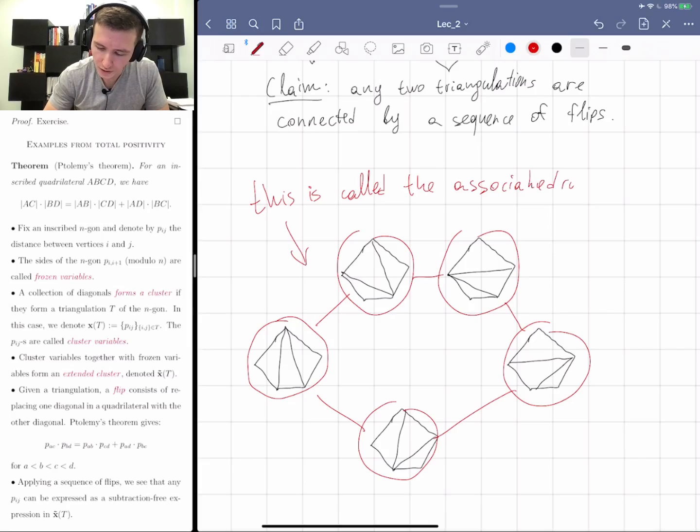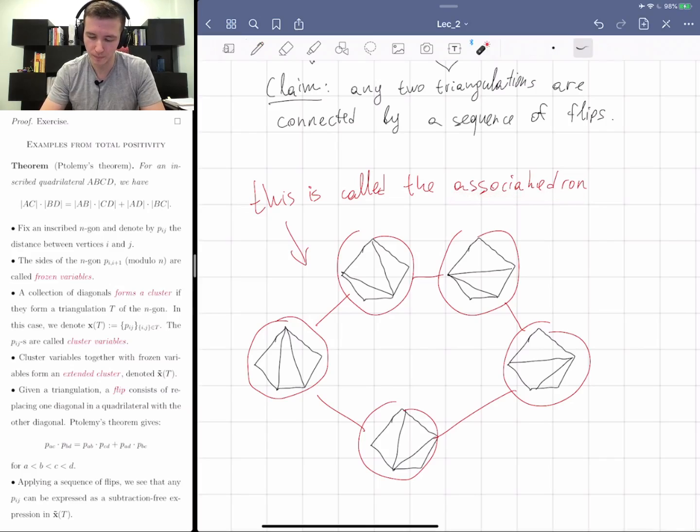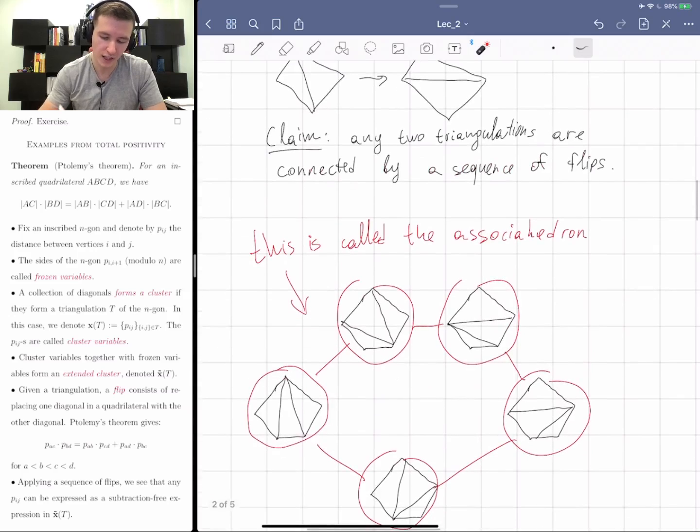It turns out to be the edge graph of a convex polytope, and this polytope is called the associahedron. But anyway, I'm going to discuss this later. It's also related to cluster algebras. All these Catalan objects showing up and the associahedron can be nicely explained by cluster algebras, as I'm going to do later.